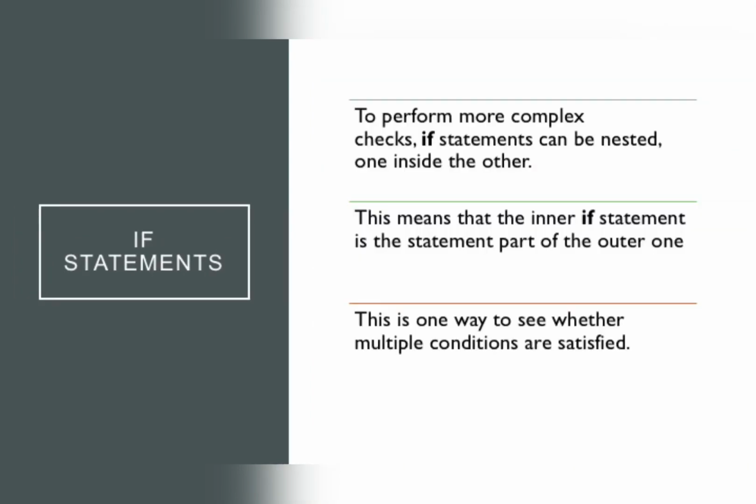To perform more complex checks, if statements can be nested, one inside another. This means that the inner if statement is the statement part of the outer one. This is one way to see whether multiple conditions are satisfied. Indentation is the only way to figure out the level of nesting.